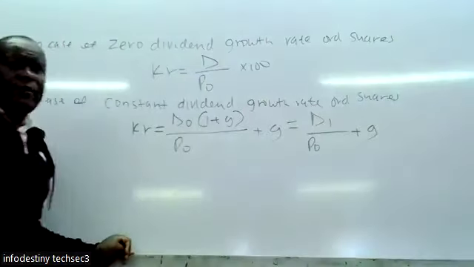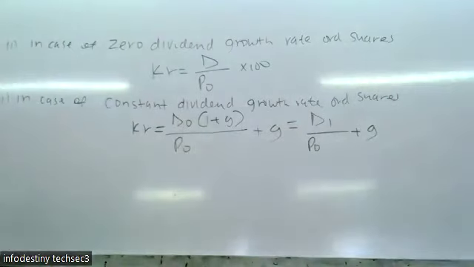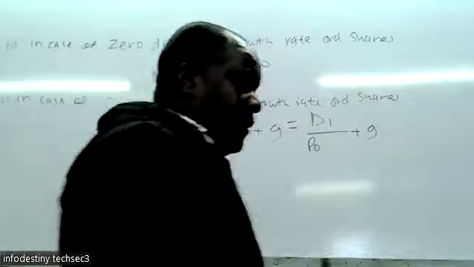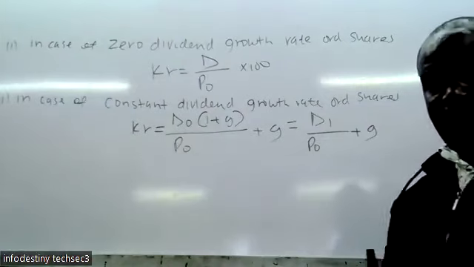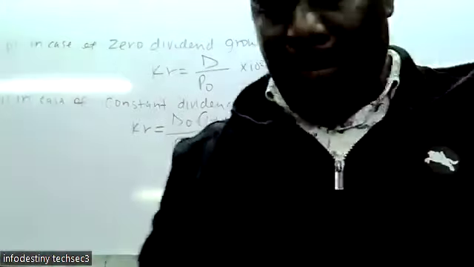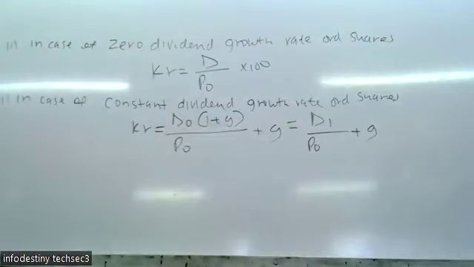So the cost for the retained earnings is the same as the cost for the ordinary share. The only difference is that there will be no flotation cost.